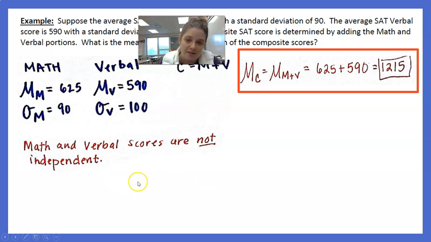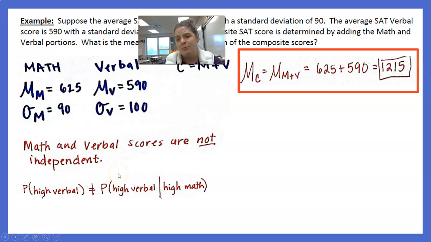Here's another way to think about this. In our last chapter, we said that the events were independent if the probability didn't change, right? So what's the probability of selecting someone and finding out they had a high verbal score? And then I say, what if I know they have a high math score? If I'm only looking at the people with high math scores, what would be the chance of picking a person with a high verbal score out of that?